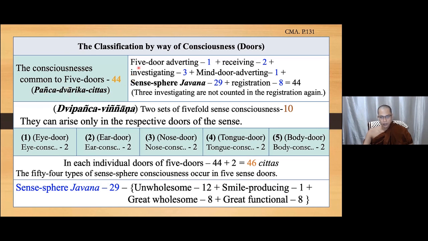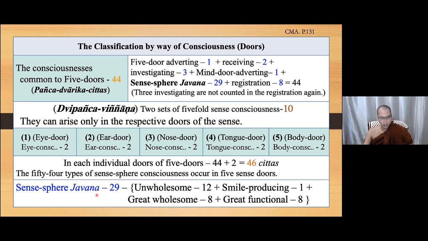They are the five-door adverting, the two receiving, the three investigating, and the mind-door adverting. And here is the enumeration of javana. In studying the function, we already know that there are 55 consciousnesses that can perform the function of javana. If we count among the 54 sense sphere consciousnesses, 29 consciousnesses can perform the function of javana. So what are these?